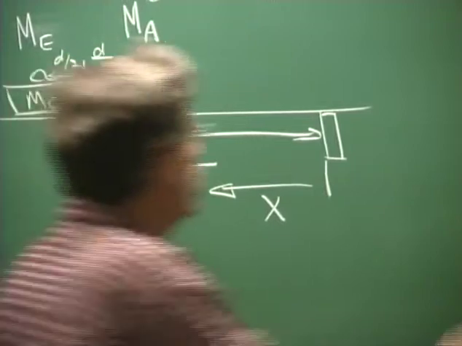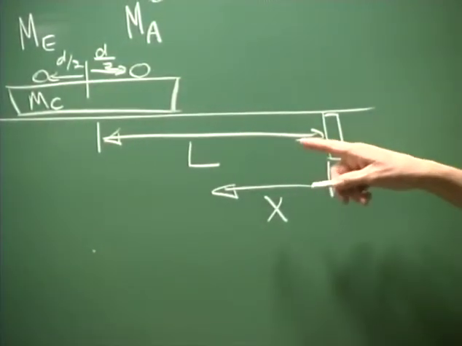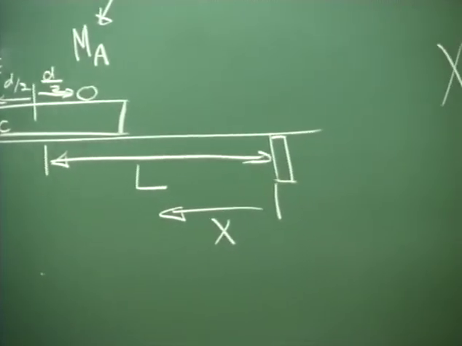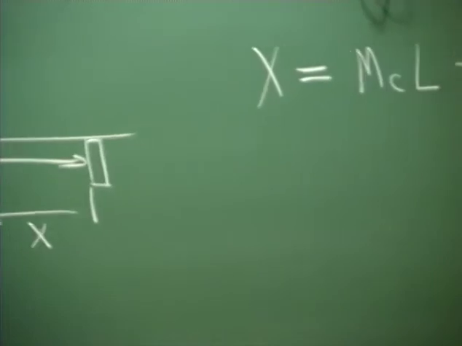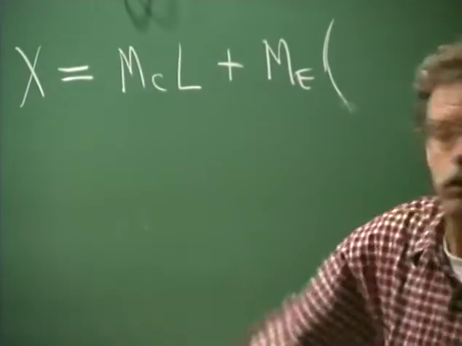Then what is the center of mass of this system? First of all, I've got the canoe, and it's over at a distance L, by definition. And then there's Eric, and how far is he from the log? L plus D over 2.